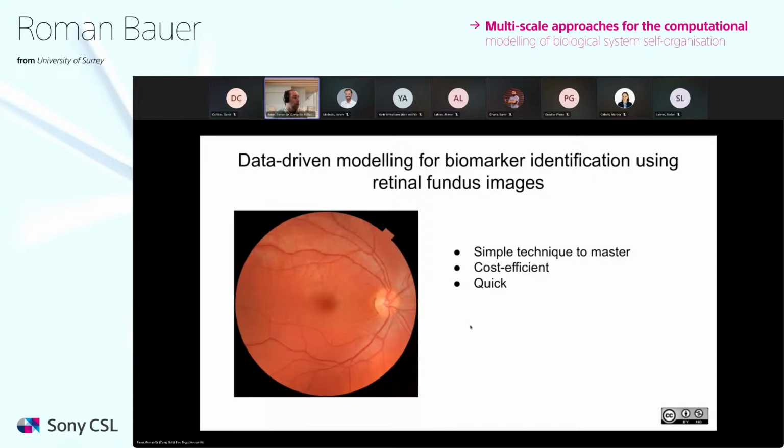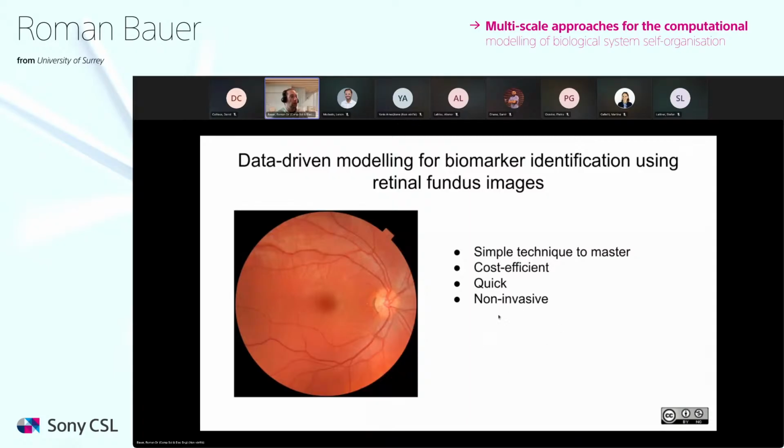For example, if you compare to MRI-based imaging, MRI takes maybe an hour or so, and it's very difficult for some people to do who maybe are claustrophobic. So one of the big advantages of retinal fundus images is that it can be done very quickly and non-invasively. You don't need to take in some radioactive tracer, like in certain PET scanning based diagnostic measures.